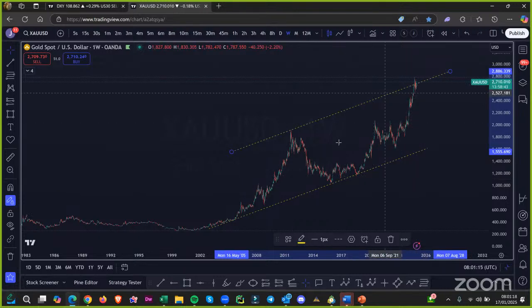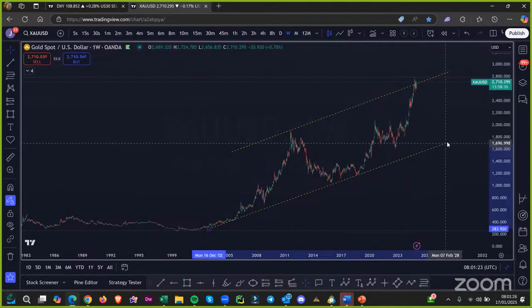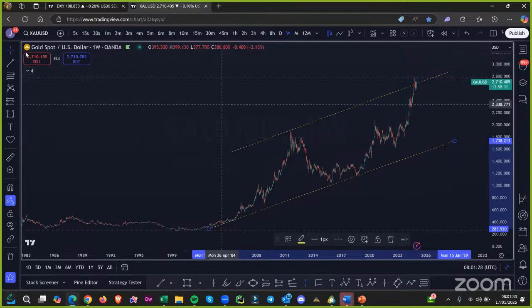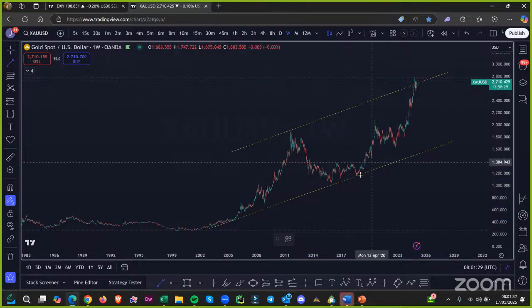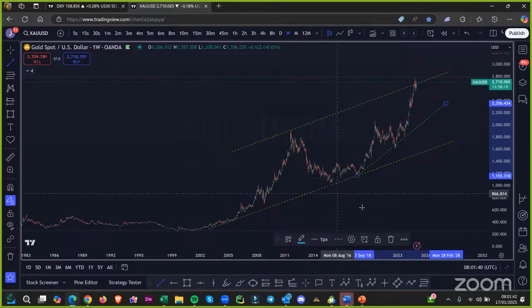If we understand that the top of any range is a premium and the bottom of any range is a discount, we can see this huge 20+ year range. We are in a premium. This market is in a premium. Gold is very expensive now compared to what it has ever been within this range. So we understand that much.